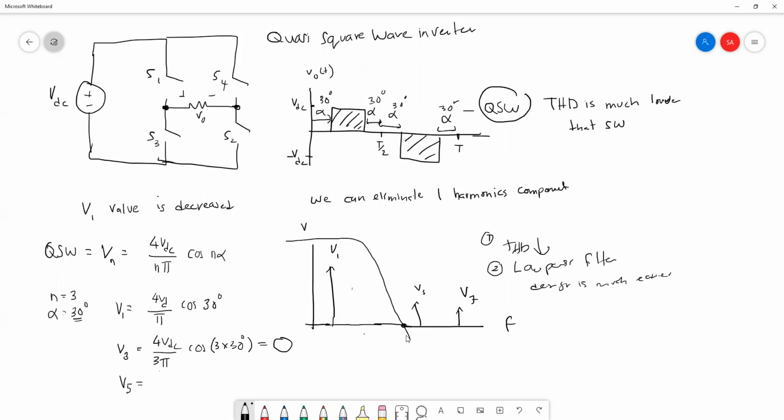Harmonic number 5 is 4 VDC over 5 pi cos of 5 multiplied by 30 degrees, so there will be some value. Our concern is the fundamental, because when we use quasi square wave, we can see that the output voltage of this waveform will be reduced.